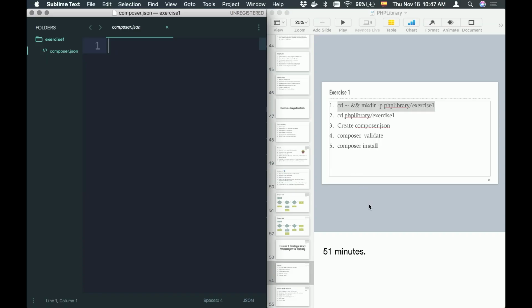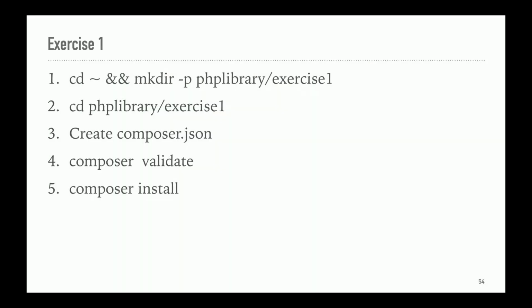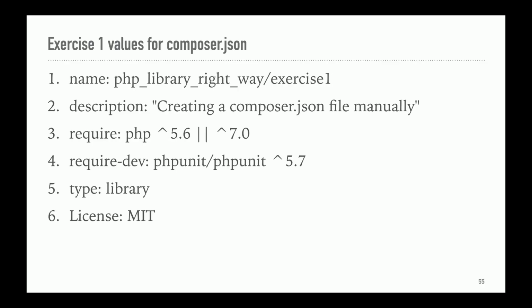Okay, everyone is done with that. Let's then provide these values to our composer JSON file. So instead of PHP library right way with underscores, put your GitHub user and / exercise 1. Right now it doesn't have any relevance, but you wouldn't put PHP library right way. Just put your GitHub user.